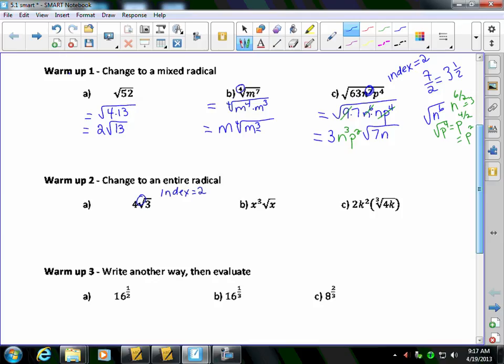So that means in order to put it back in, I'm going to have to do a 4 squared, because if there's nothing there, then you assume it's a 2. So that would be 4 squared times 3. So 16 times 3 is 48.